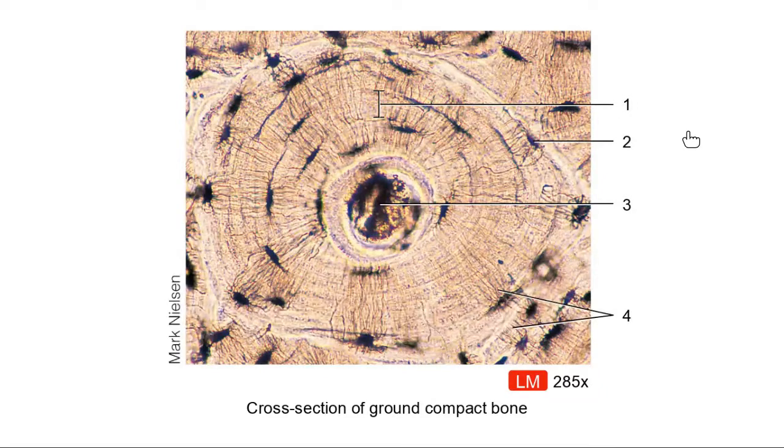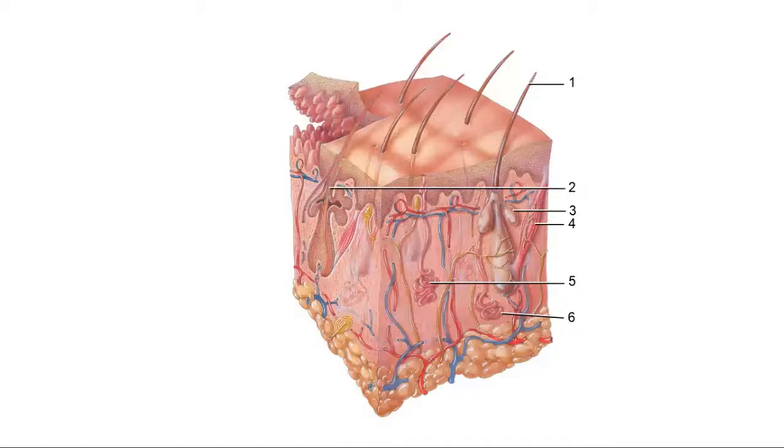And the last part is the picture of the skin. Here you can see the skin model. For the skin, you know that we have epidermis or epithelium of the skin and dermis, which is the connective tissue. And beneath it, we have hypodermis.